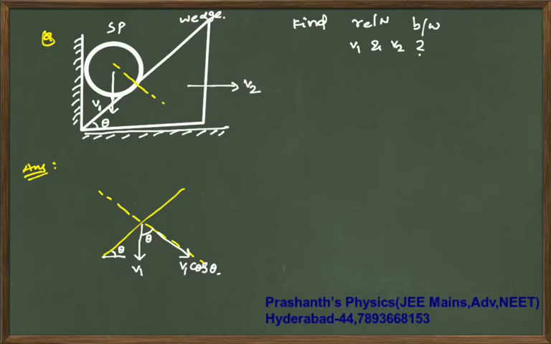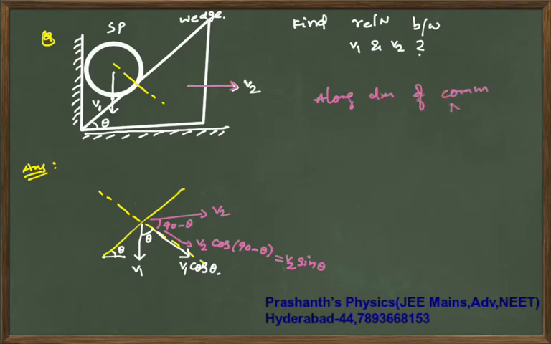Next, v2 for the wedge: because the wedge is moving in the horizontal direction, this angle is 90 minus theta, so this becomes v2 cos(90 minus theta), that is equal to v2 sin theta. So what did I tell you? Along the direction of common normal, velocities must be same. So that will give you v1 cos theta is equal to v2 sin theta.